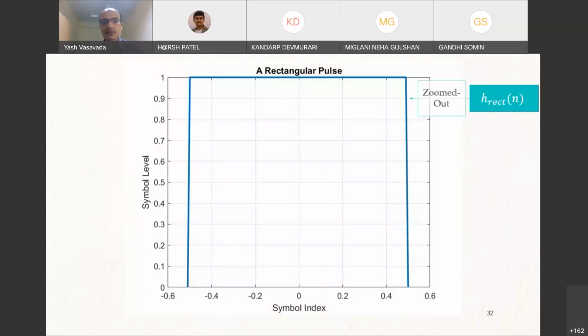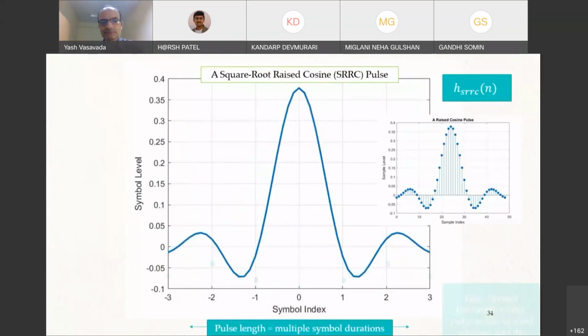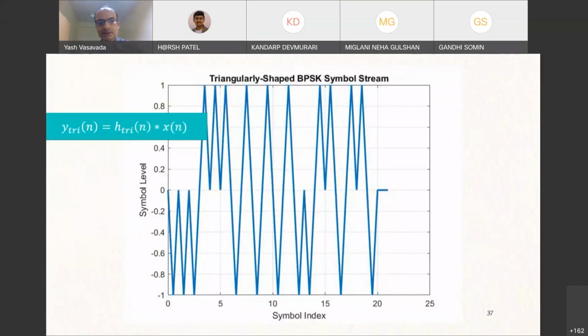And so that is what happens here. These first three are triangular pulses which are negative. Next three are triangular pulses positive. Then again I get a negative triangle. So each of the impulses got replaced by a triangular pulse. And the location of the triangular pulse is exactly the location of that impulse.